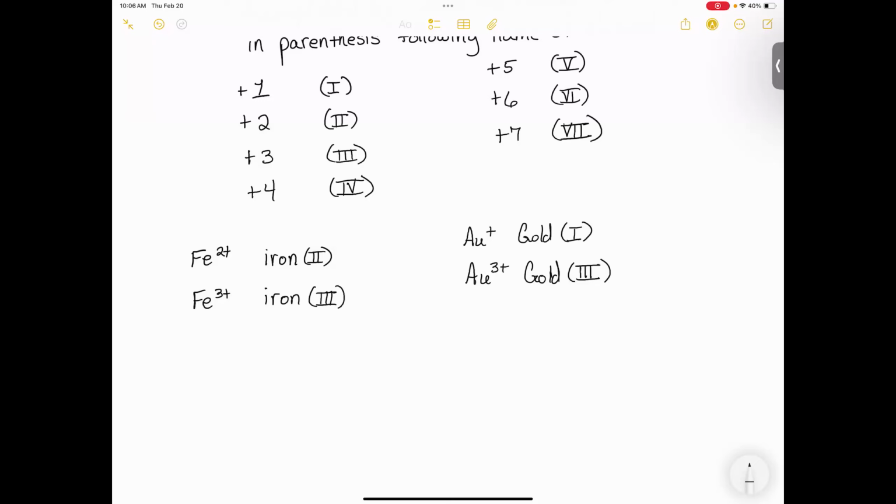Is there a question about who those ions are? Because you have to be ready to distinguish. Are you talking about a monoatomic ion whose charge is constant? Or are you talking about a monoatomic cation whose charge varies? You've got to be prepared to distinguish among those categories so that you know how to name them.